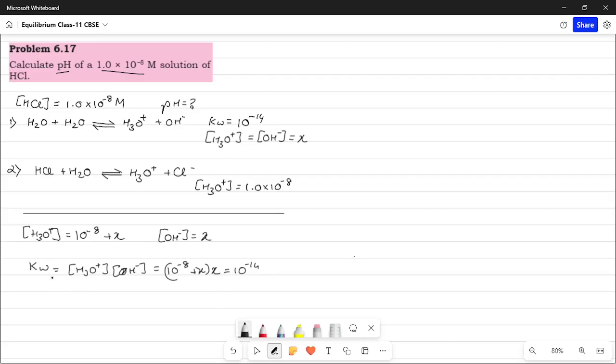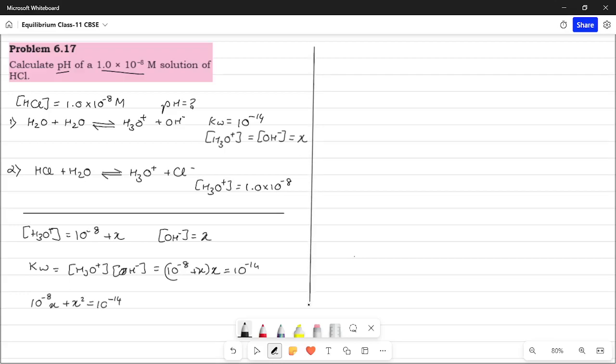I think you've already figured out we will get a quadratic equation. So you get 10 to the power minus 8 x plus x square equal to 10 to the power minus 14. So we're going to have to solve this quadratic equation.